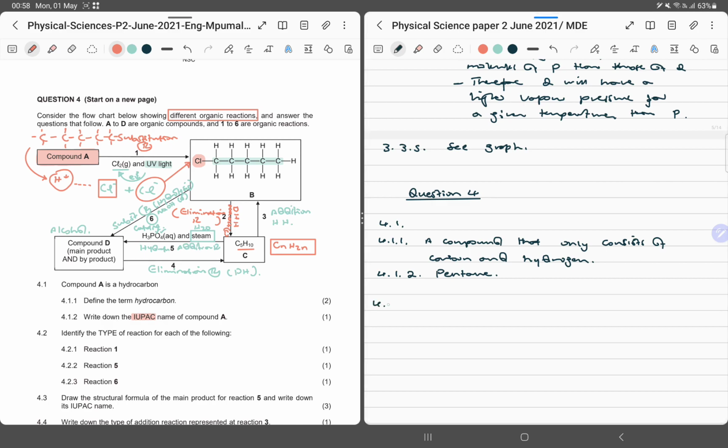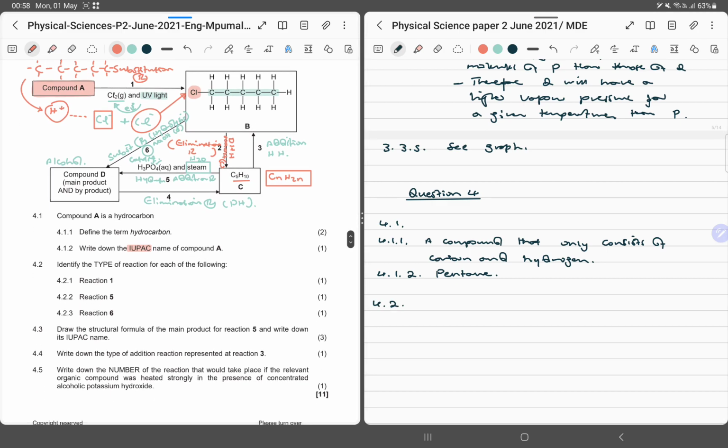And then 4.2 says identify the type of reaction for each of the following. Remember, when they say type, you must decide whether this is an elimination versus substitution versus whatever.